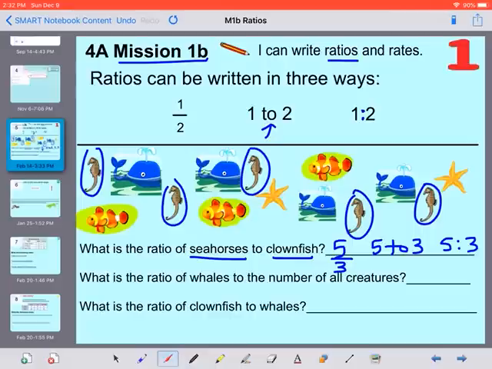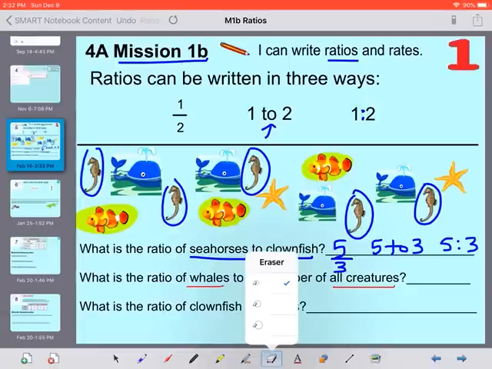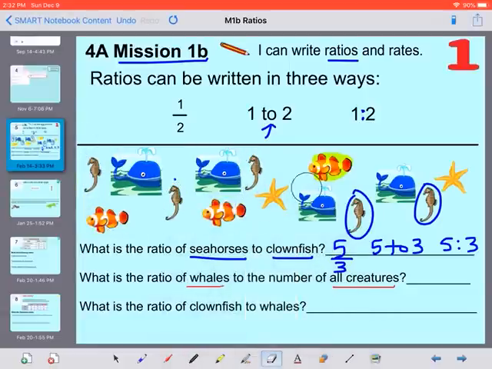Next, what is the ratio of whales to the number of all creatures? So our whales, first, I'm going to erase some of this so we can see. Whales, there are 1, 2, 3, 4 whales.